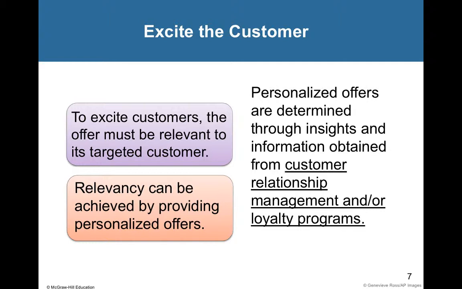So, for example, if you know that Mr. Harrison loves McAdoo's and he always goes there every week and he uses a loyalty card, then maybe you can target him on social media and make sure that you're giving him an offer for 50% off the mushroom burger because that's what he gets every Tuesday on Burger Nut, right? So you can go through and target your customers, but also give them a really relevant offer.